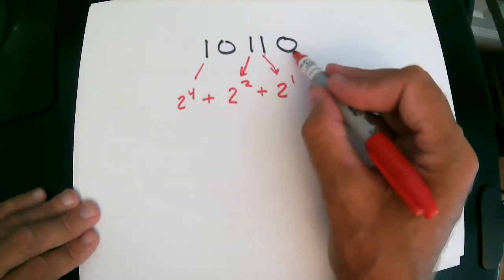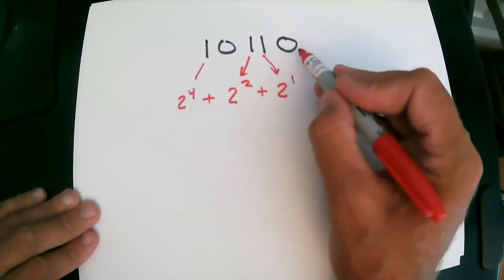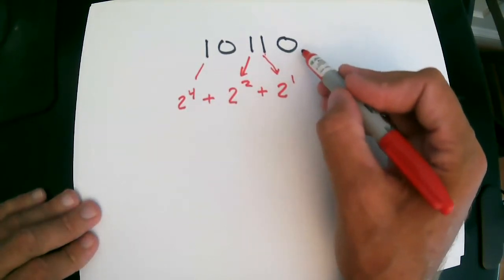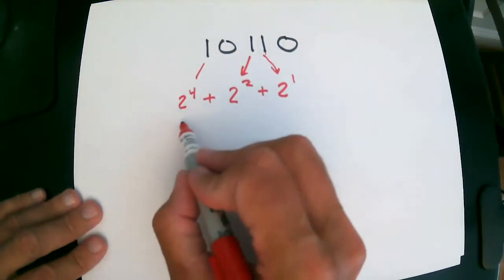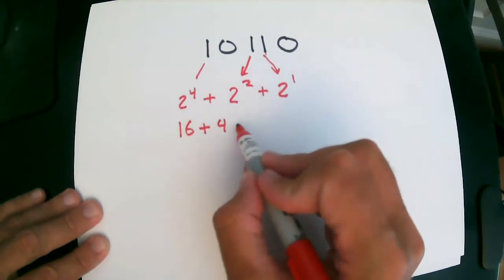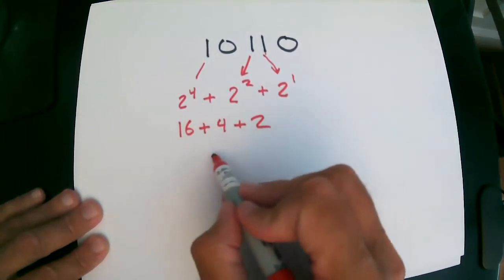And then I have 0 times 2 to the 0th. So the 2 to the 0th column digit doesn't contribute to the sum, so I don't need to write it down. And so here I have 16 plus 4 plus 2, and 16 plus 4 is 20 plus 2, and it's 22.